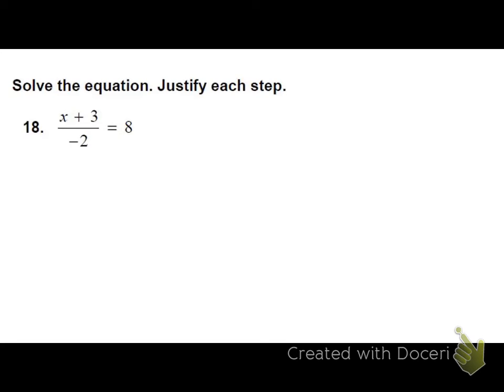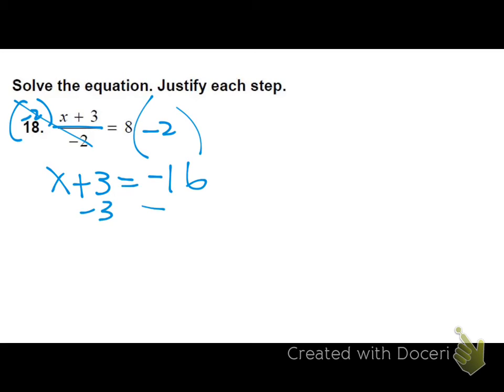Listen, focus. What is the opposite of dividing by negative 2? Multiplying by negative 2. So what I do to one side, I have to do to the other. Subtract 3, x equals negative 19.